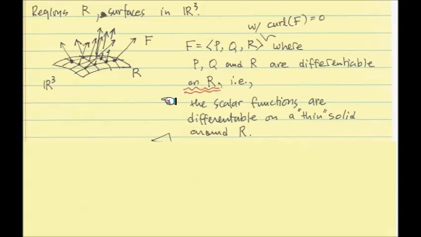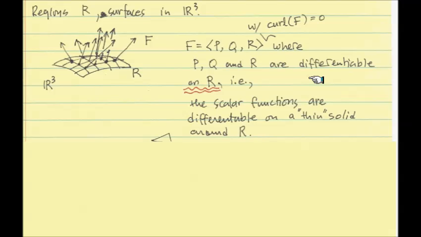But again, what I'm trying to do here is make sense of differentiability in 3-dimensional space while restricting ourselves onto this surface. So again, the resolution is that we make it a little bit thicker, turn it into a thin solid, and then we have the 3-dimensional space.